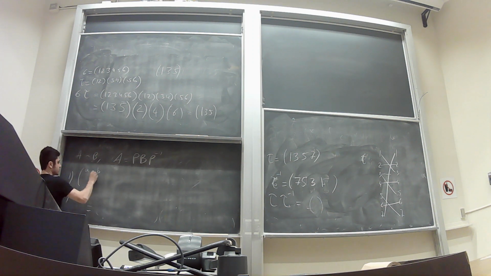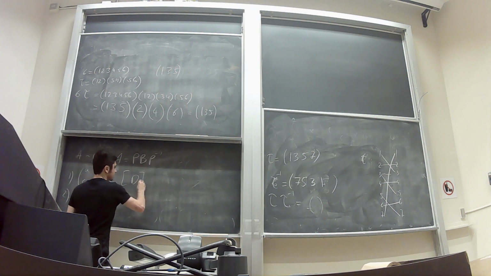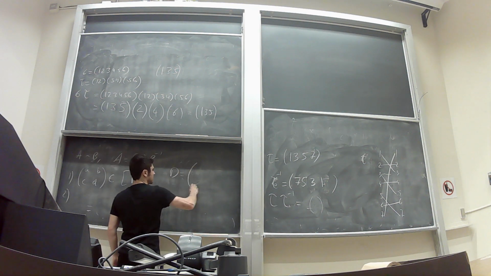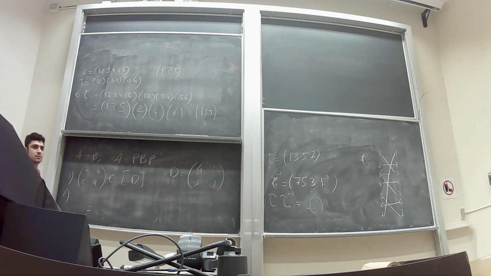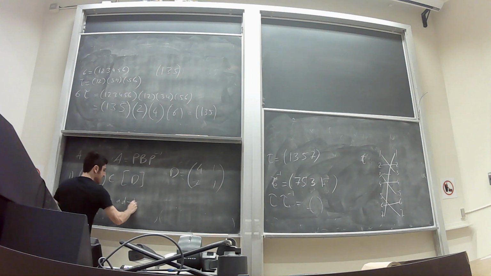That a matrix A, B, C, D belongs to the equivalence class of D, where D is, I had 4, 1, minus 2, and 1. Is that what I had? Yeah. And A plus D is equal to 5, AD minus BC is equal to 6.